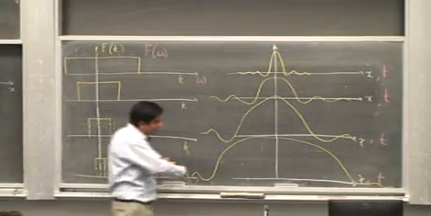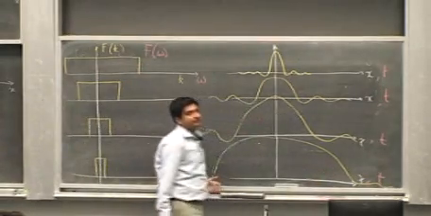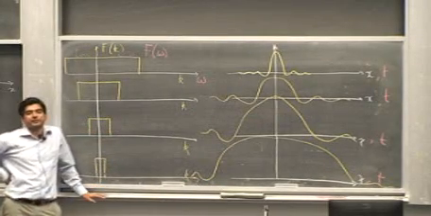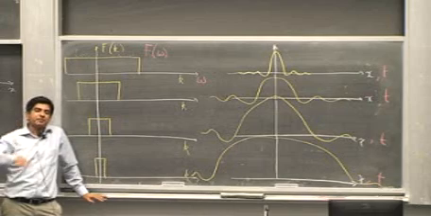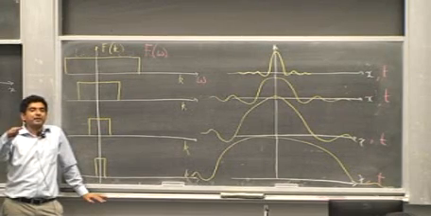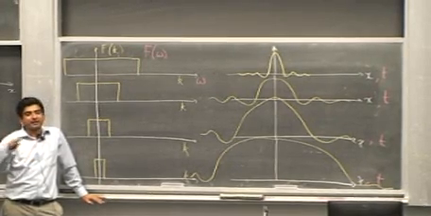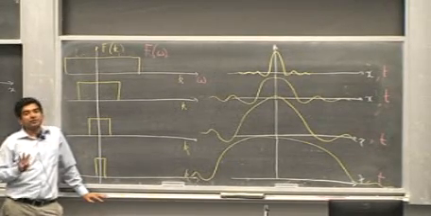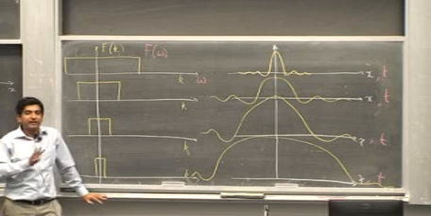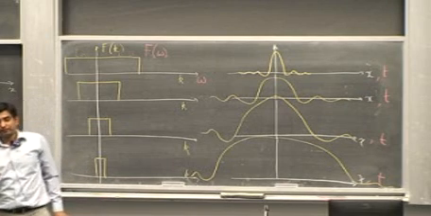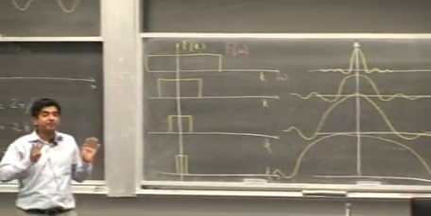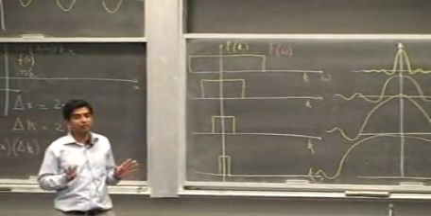If I would like to have a broad pulse in time, I would only like to add a very short range of frequencies. So there is an inverse relationship between conjugate variables, between x and k, and between time and frequency. So this is your first encounter with the uncertainty principle, and we have not invoked any quantum mechanics so far. So the uncertainty principle is a purely wave phenomenon to begin with.